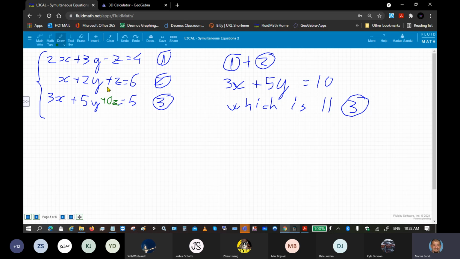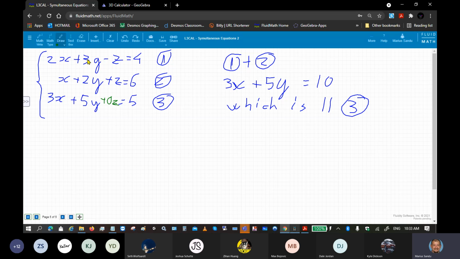I see that they are not proportional. There's no proportionality between them. If I look at the x's, x1 times 2 is 2x, 2y times 2 would be 4y. Now, x to become 3x is x times 3. 2 times 3 is 6, not 5. And now between these two, I need to multiply the top by 3, the bottom by 2. So the top by 3 would be 6x, the bottom by 2 would be 6x.